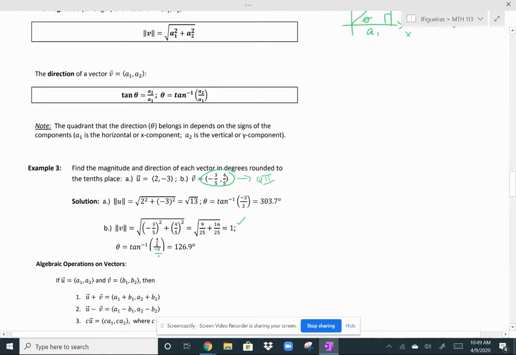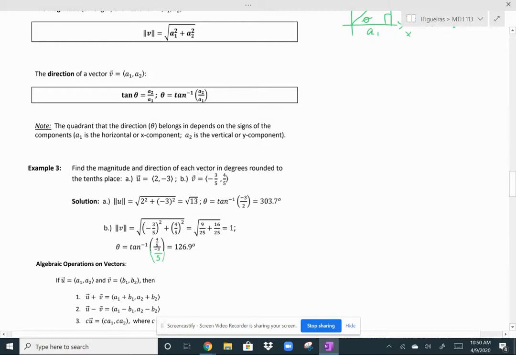So my x component got cut off here. So I have tan inverse of 4/5 divided by -3/5. And when you work that out, you get 126.9 degrees, which is good news because that is in quadrant 2, and you have found all of the required information.